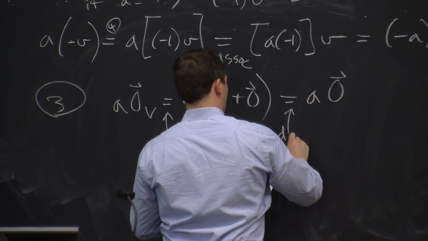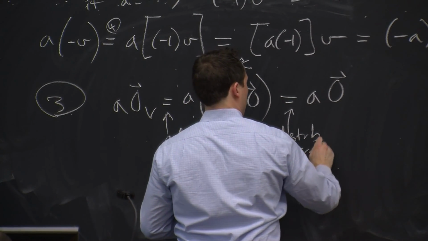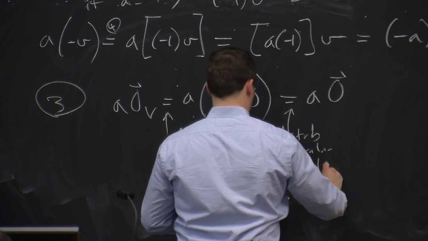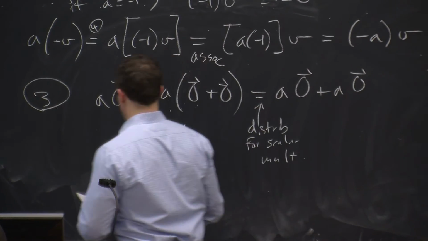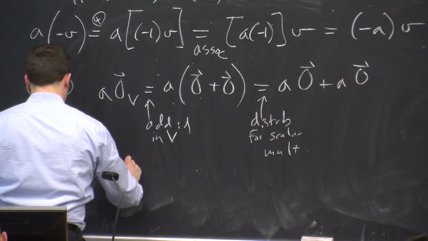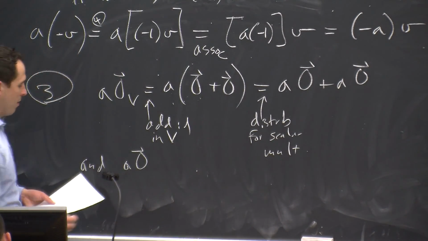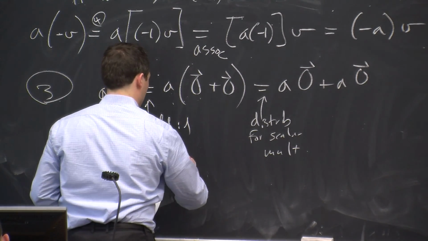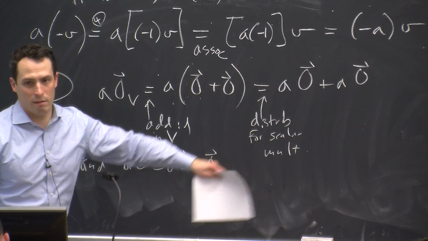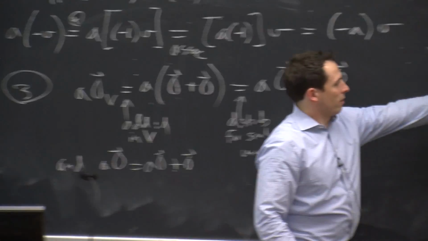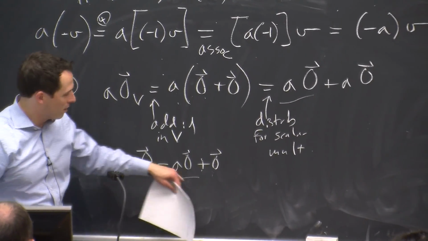This is the distributive law for the action. And we also know that A times 0 is equal to itself plus the 0 vector. And so we can apply cancellation to obtain this by canceling off the extra copy of A times the 0 vector.